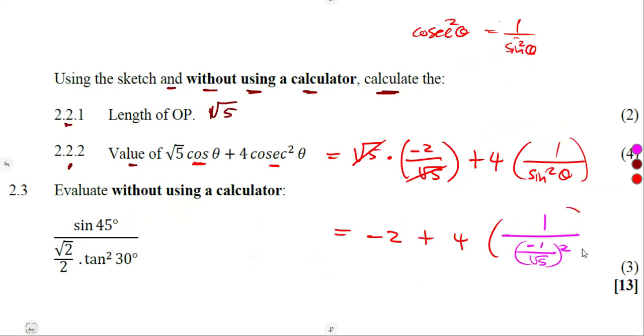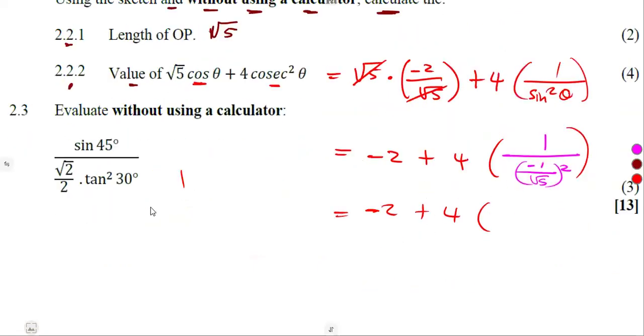That is what it means. So this was going to give us -2 plus 4 into 1 over -1 squared, which is 1 over the square root of 5 squared. It's a 5. So that's 1 over 5 there.